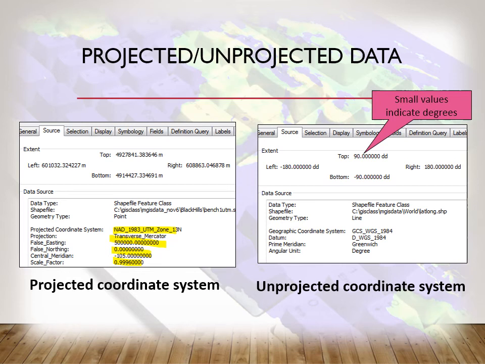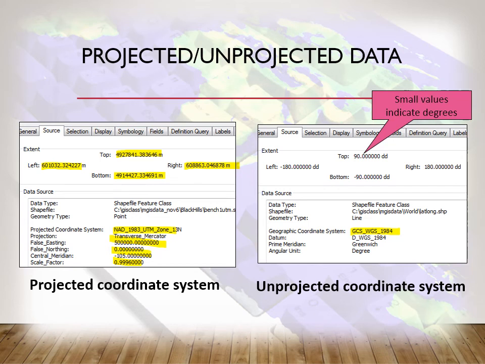And you know you're projected if you have very large coordinates. However, if you open up something that's only in a geographic coordinate system, like WGS 1984, then your coordinates are just going to be in latitude and longitude values.